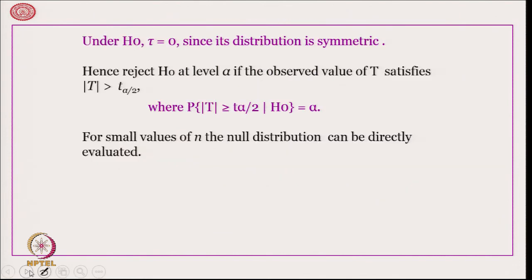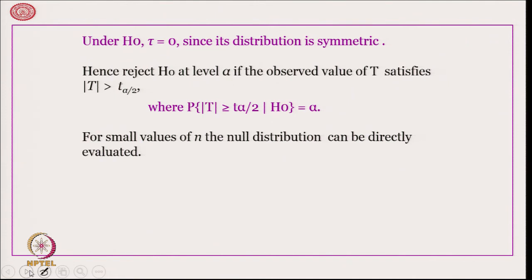That is what we are saying: under H naught tau is equal to 0, since the distribution is symmetric. Hence, reject H naught at level alpha if the observed value of tau satisfies that modulus of tau is greater than T alpha by 2.